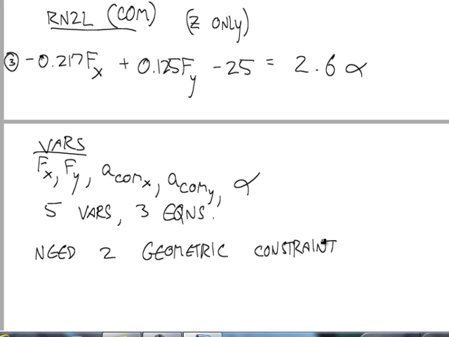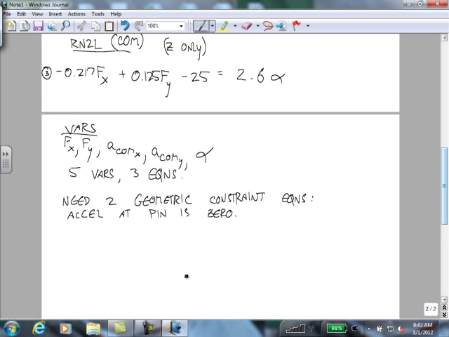But right now we're not assuming anything that says that fixed point is fixed. So we want a way to make sure that the acceleration at that pin is 0. The velocity and position also have to be 0, but we won't need those for the constraint equation. The acceleration is the one that is going to help us.